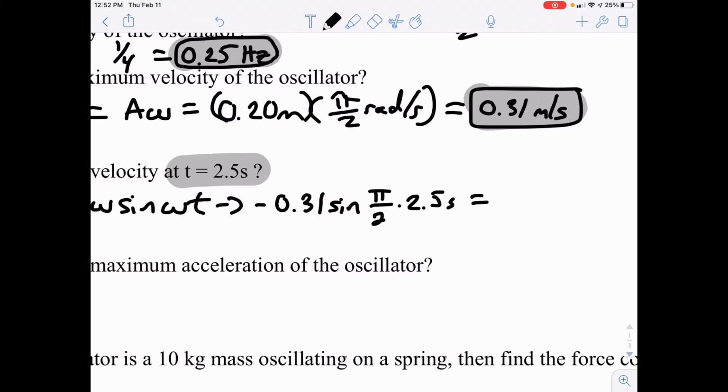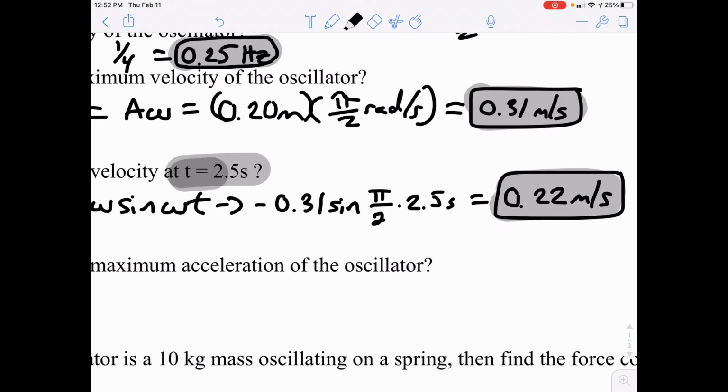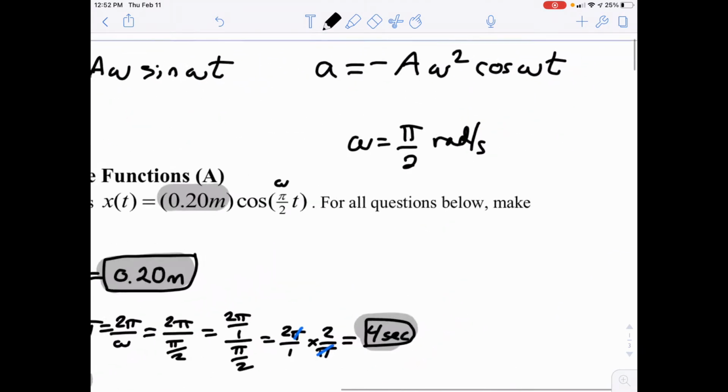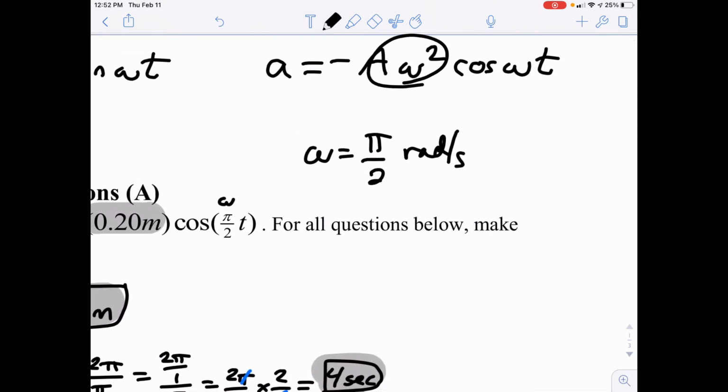And we get roughly about 0.22 meters per second at that instant. The maximum acceleration can be found by going A times omega squared. Remember, maximum acceleration would be the amplitude of the acceleration function.